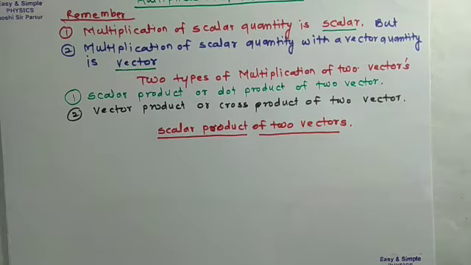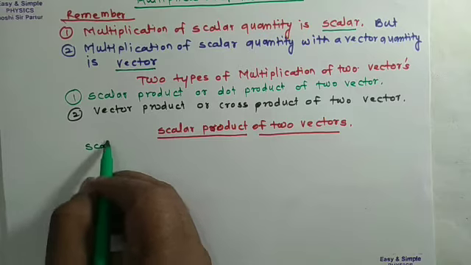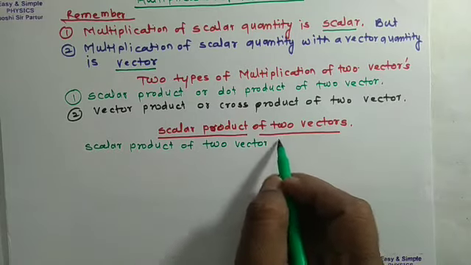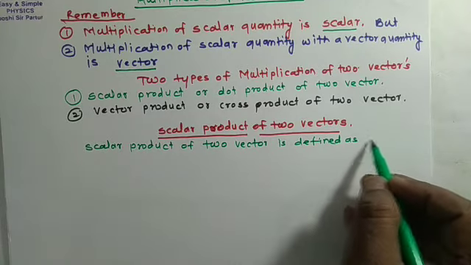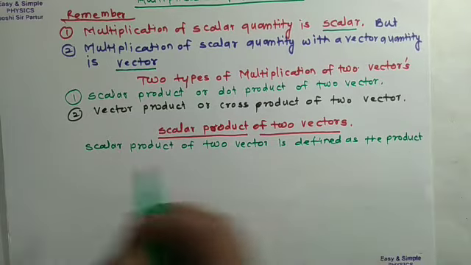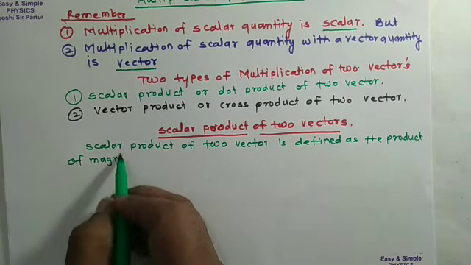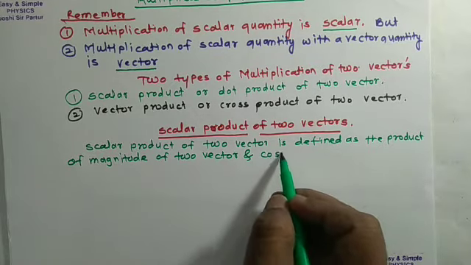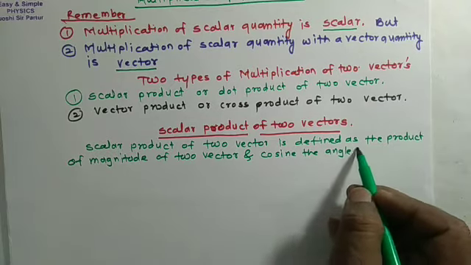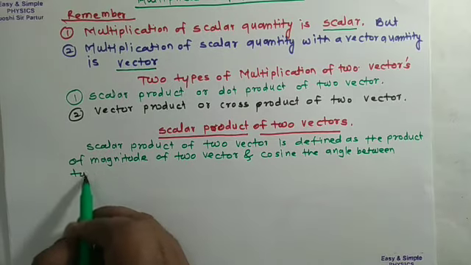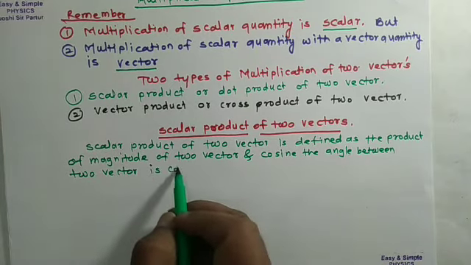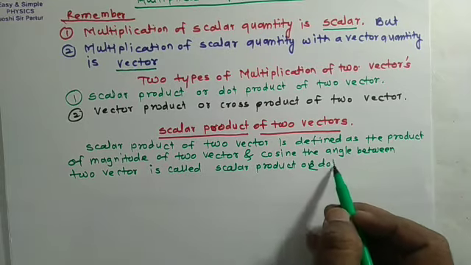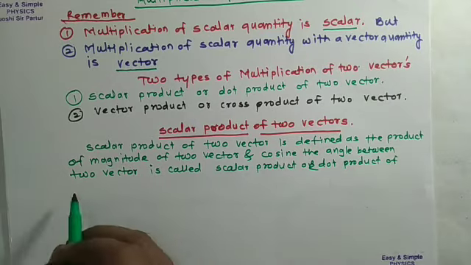We can define it as: the scalar product of two vectors is defined as the product of the magnitudes of the two vectors and the cosine of the angle between them, and it is called the scalar product or dot product of two vectors.